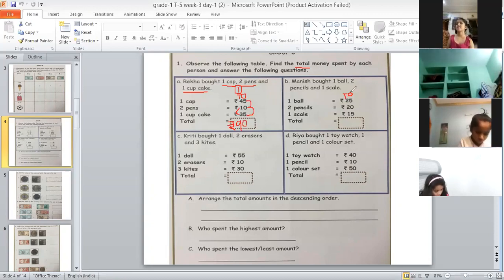Now we add this last 5 also. 5 plus 5? 10. Very good. So we will write only 0 here and 1 will go as carryover in tens place.